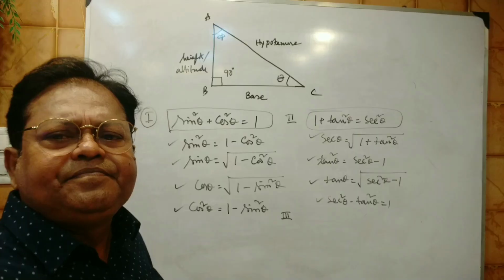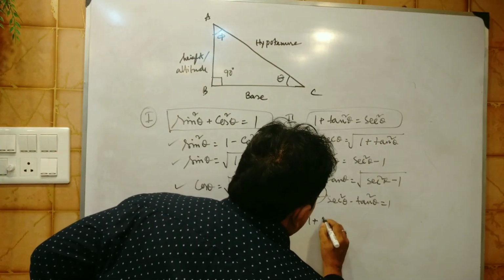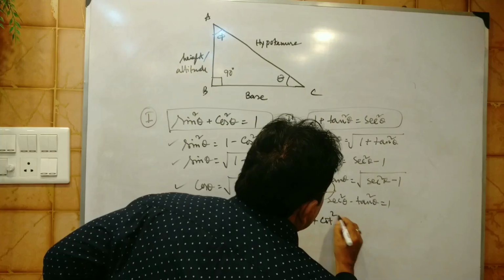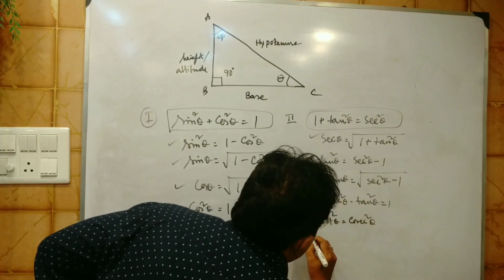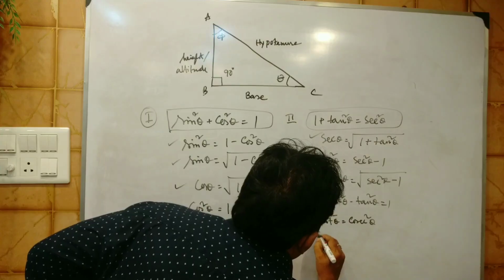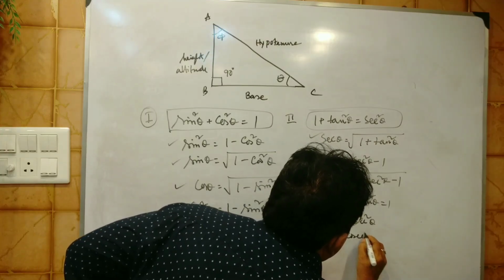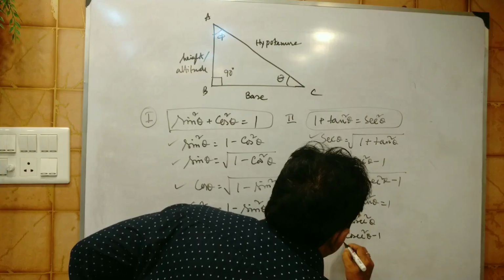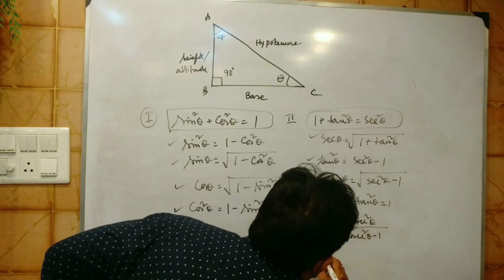Number 3 is 1 plus cot square theta is equal to cosec square theta. Here we will get cot theta is equal to root over cosec square theta minus 1.